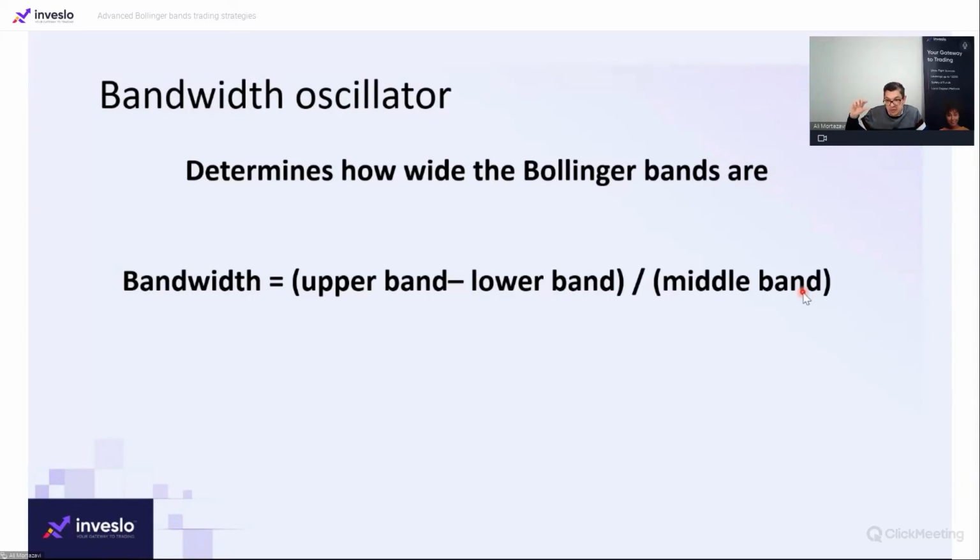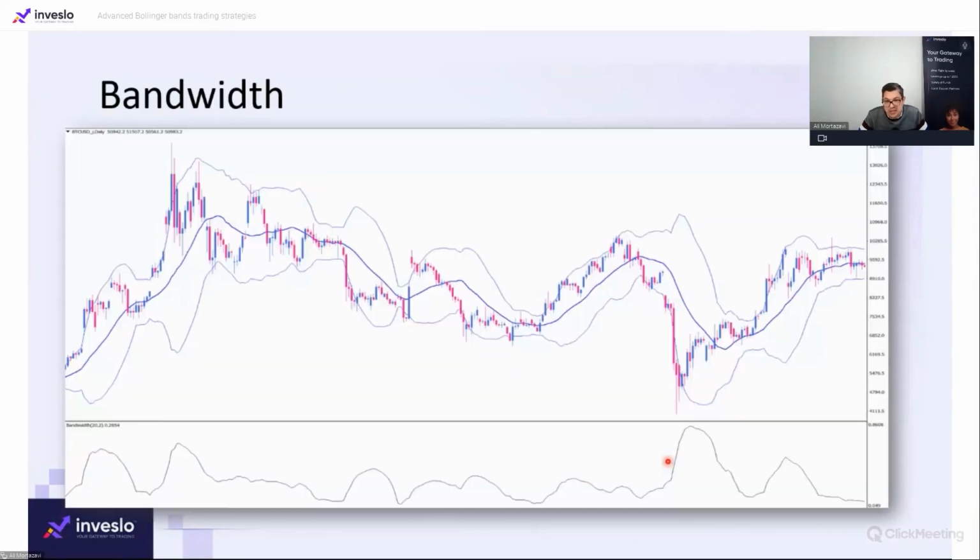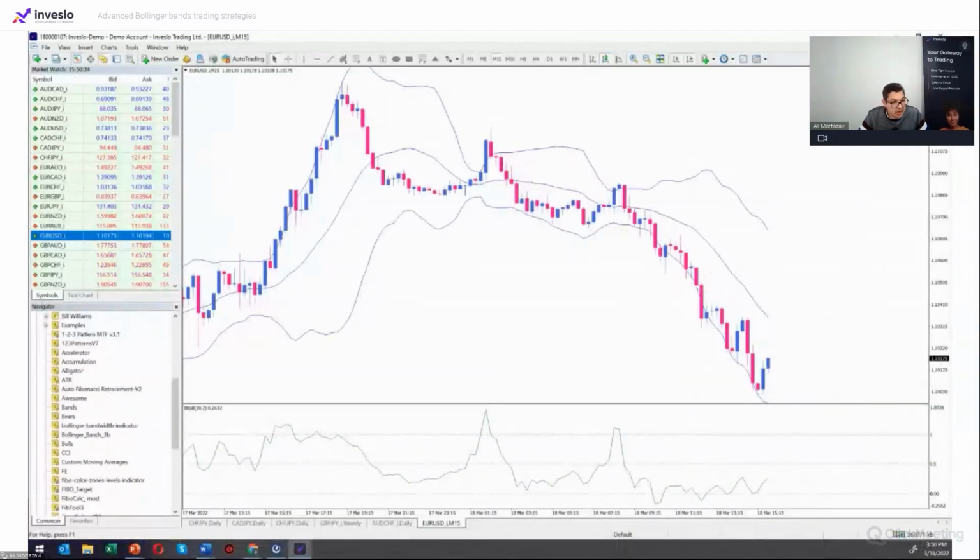Therefore, bandwidth is an effective way to identify trading opportunities, and you will see how we are going to use it. But let me go back to my MT4 here and show you how we can use this bandwidth oscillator.